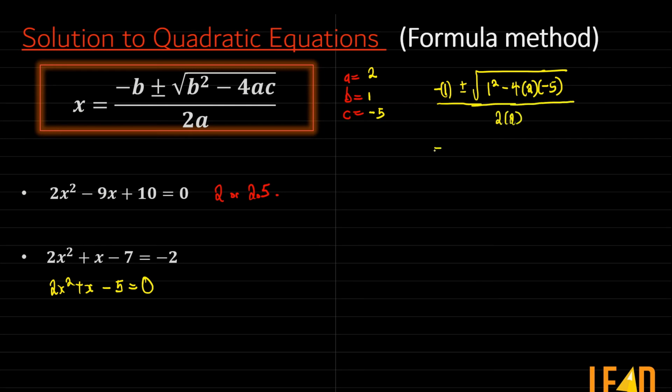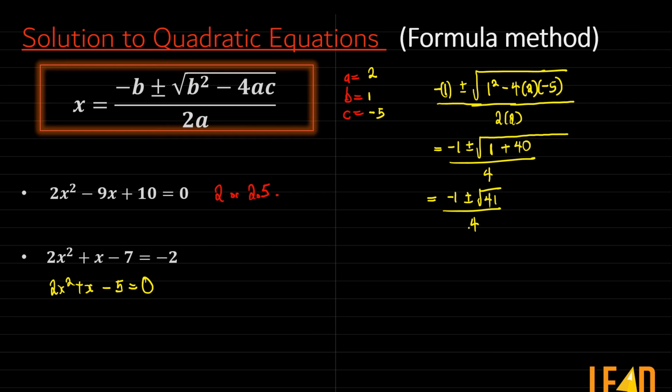So that would give me -1 plus or minus the square root of 1 (1 squared is 1), minus 4 times 2 would give me -8, -8 times -5 would give me +40. So +40, over 4. So I would have my solution as -1 plus or minus the square root of 41 over 4.